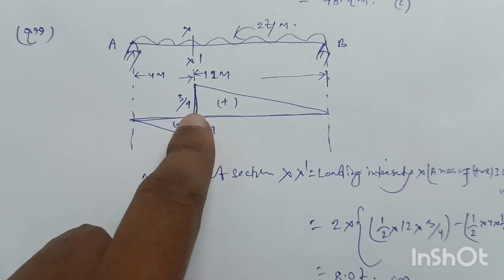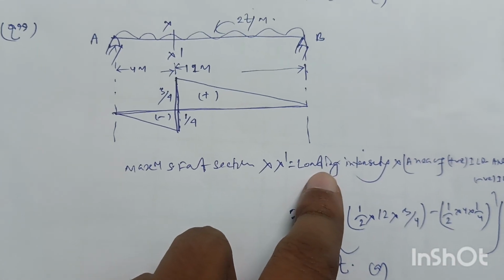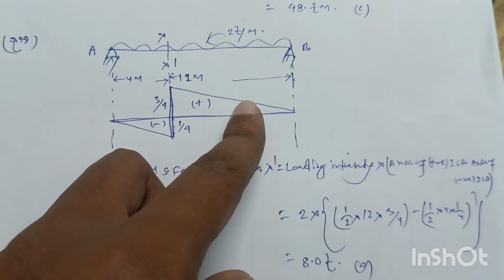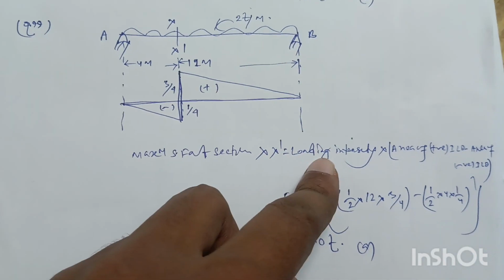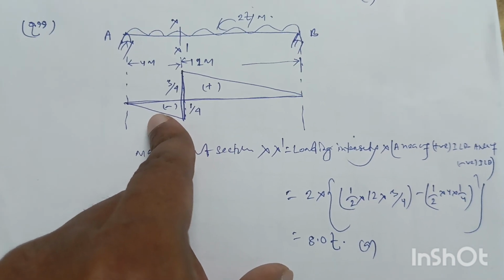So maximum shear force at section X will be the loading intensity on the girder into area of positive influence line diagram minus area of negative influence line diagram for the section.